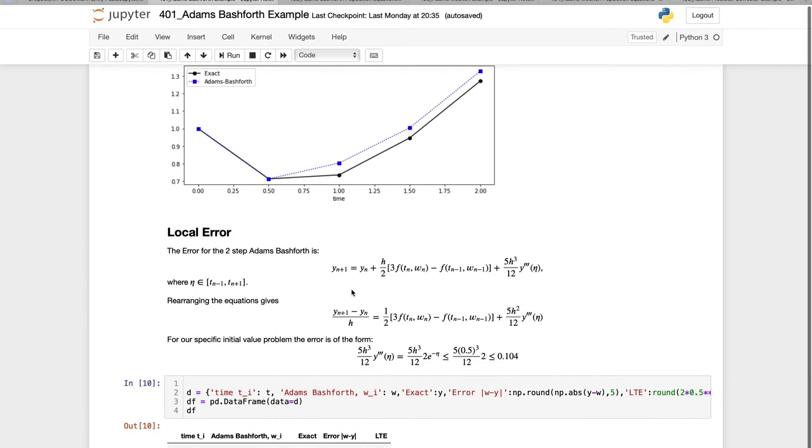Now, in the notes, you can have a look at the derivation of this. But what we have is the error is y(n+1) minus the approximation, plus 5h cubed over 12 times y'''. So rearranging that gives us our local truncation error.